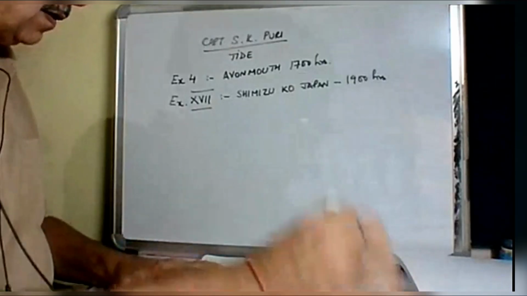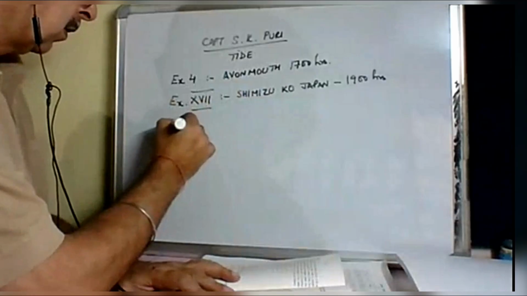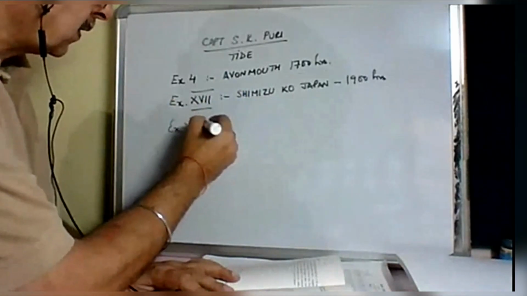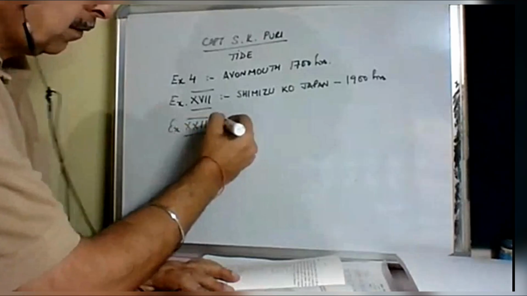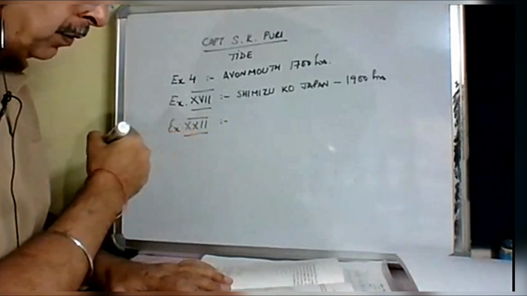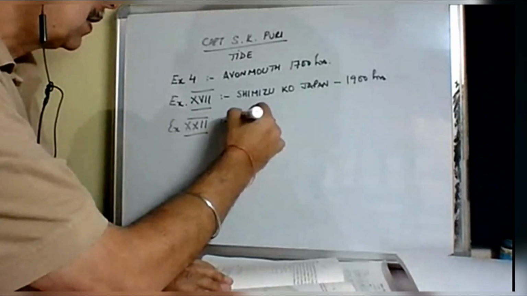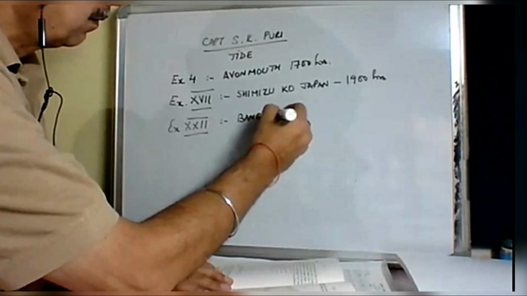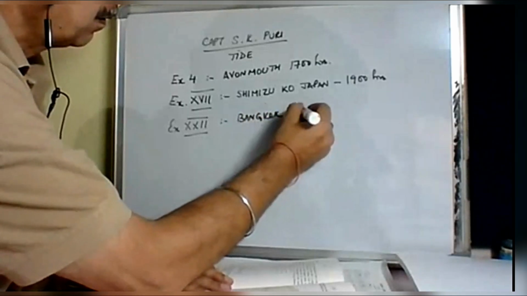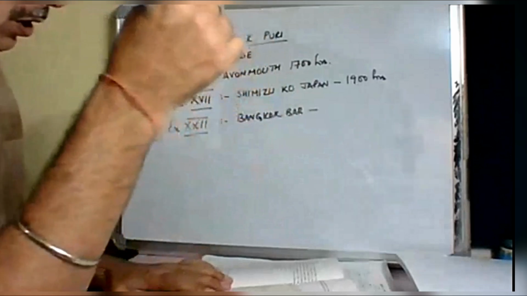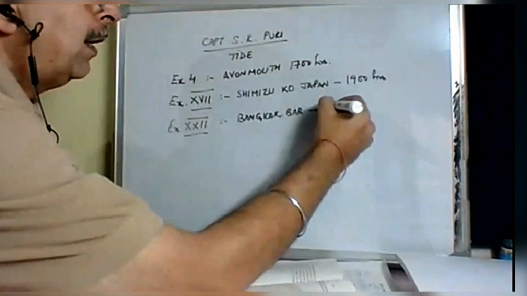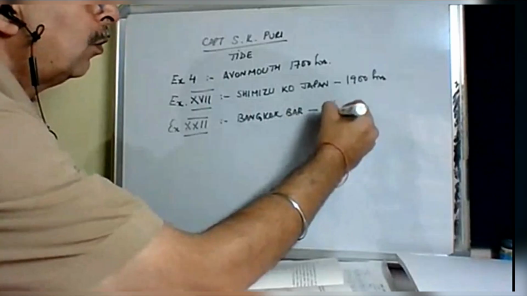And the last one I want you to do is question number 22, exercise 22. It is called Roman 22. And this is Bangkok Bar. And this question is all about passing under an overhead cable.